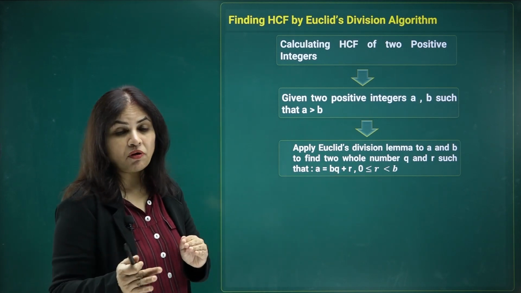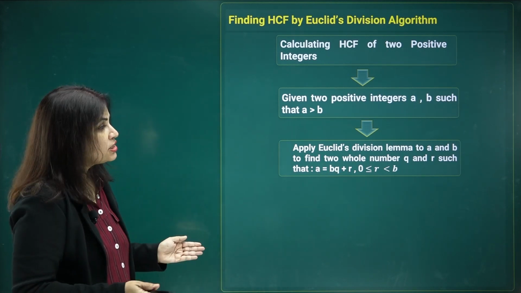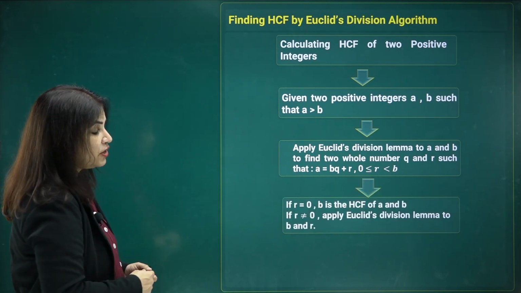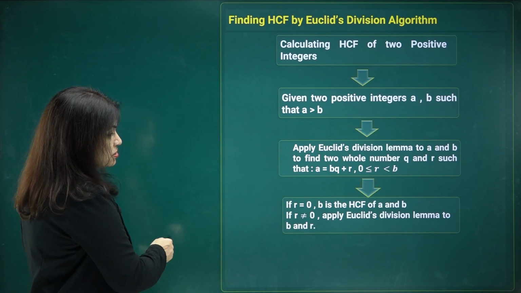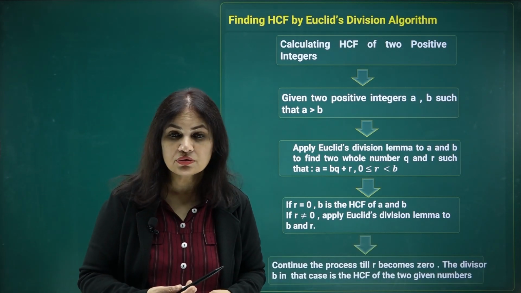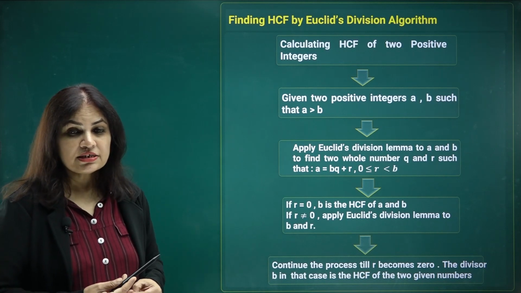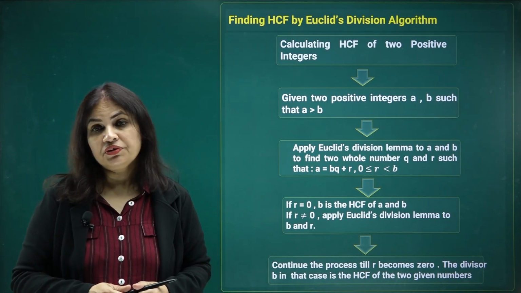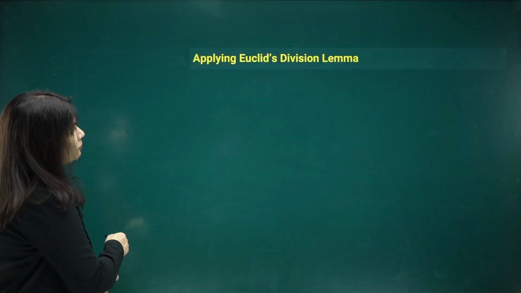So we keep on splitting until we get the value of R equal to 0. We continue the process till R becomes 0. The divisor B in that case is the HCF of the two given numbers.